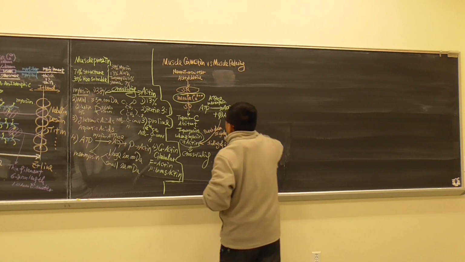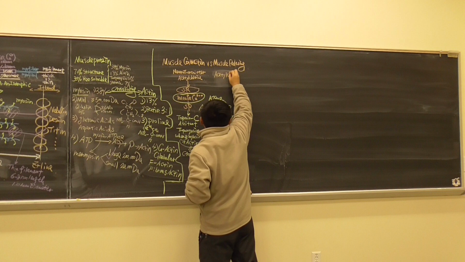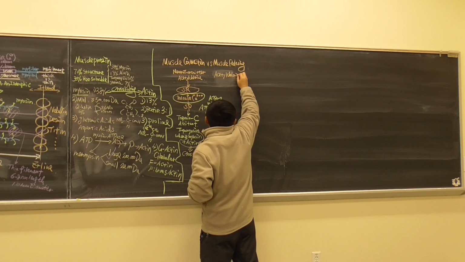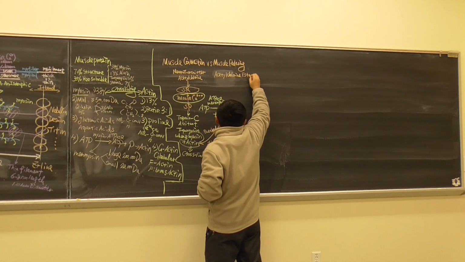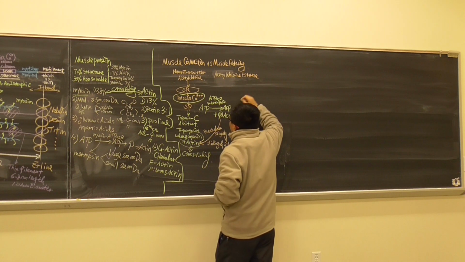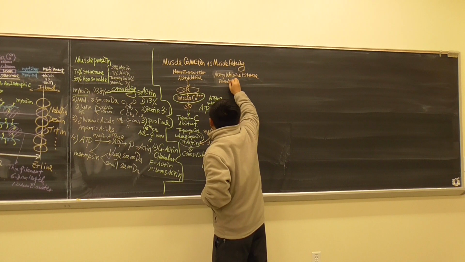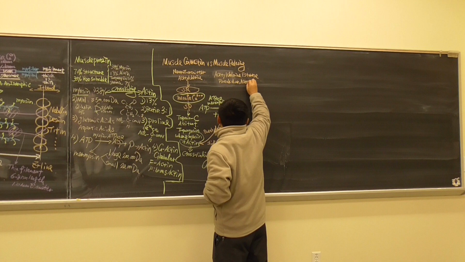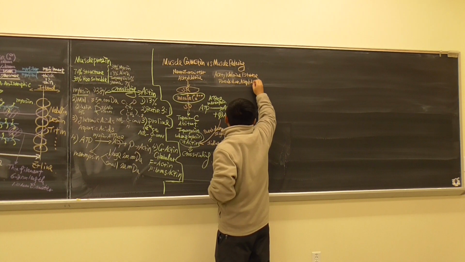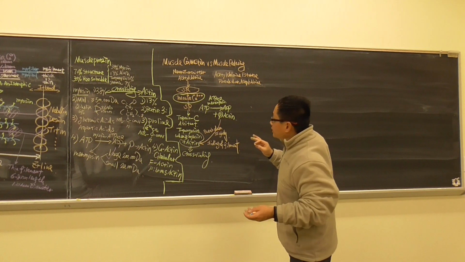There is an enzyme called acetylcholinesterase. It can break down acetylcholine, which means the neurotransmitter is not there.